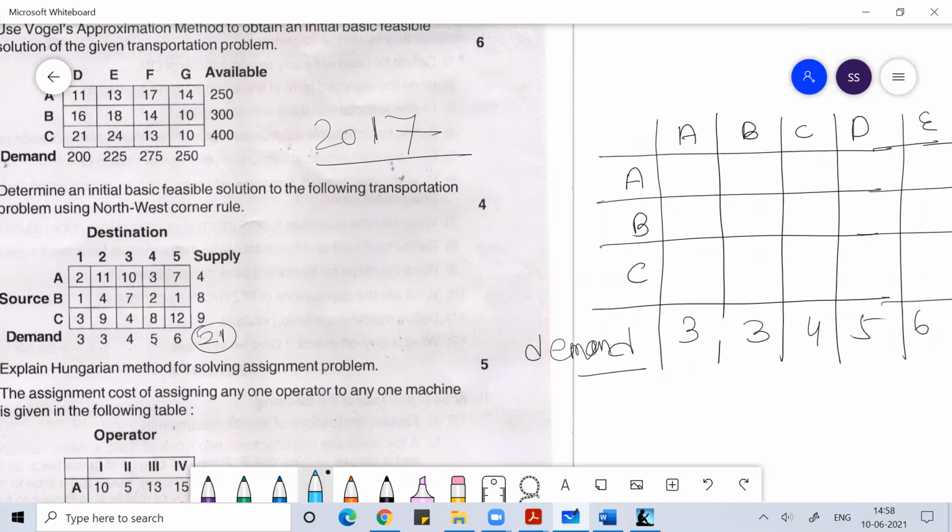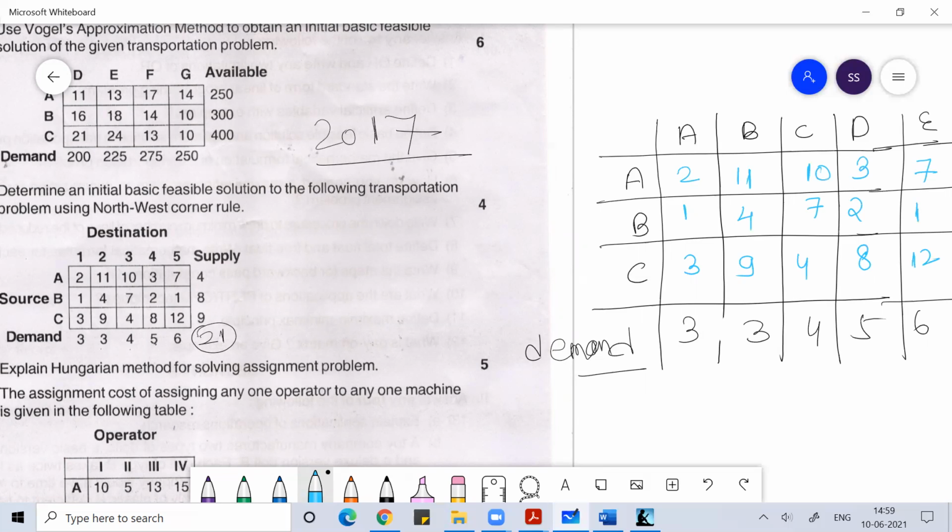So the data given to us is 2, 1, 3, then 11, 4, 9, then 10, 7, 4, then 3, 2, 8, then 7, 1, 2.